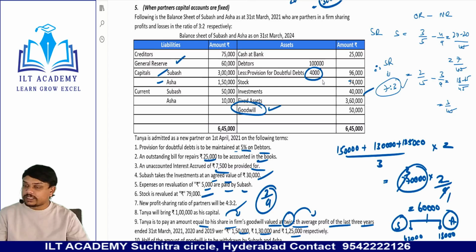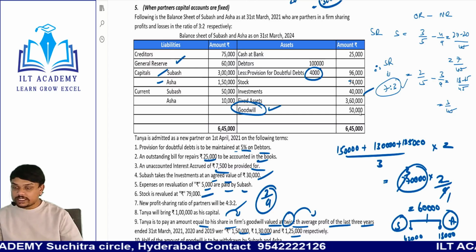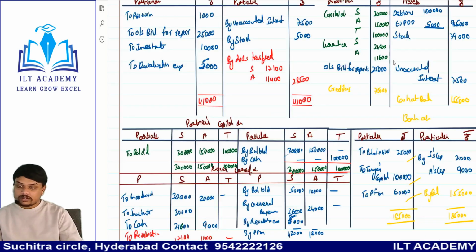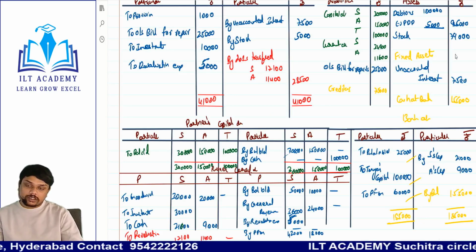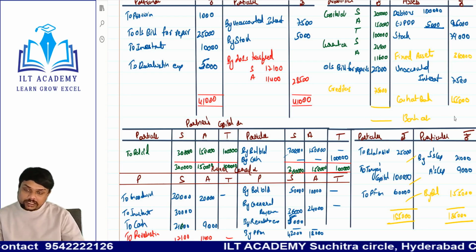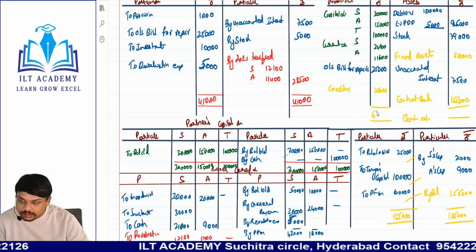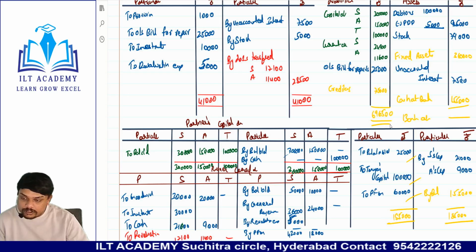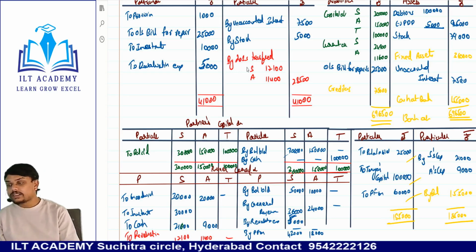Returns have been adjusted. Stock we have considered. Investments are done. Only fixed assets of 3,60,000 are needed. That's it. Done. What is the balance sheet total? This is revaluation loss.